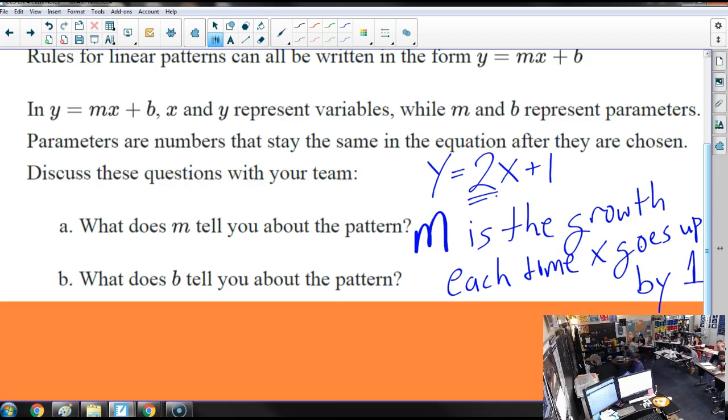What's the B value tell us? Now you know what the B value is. Chat about it.